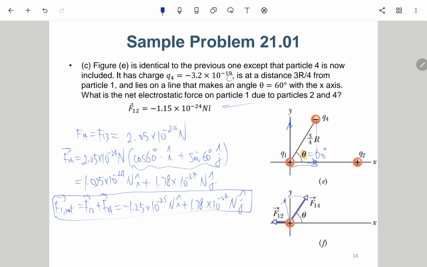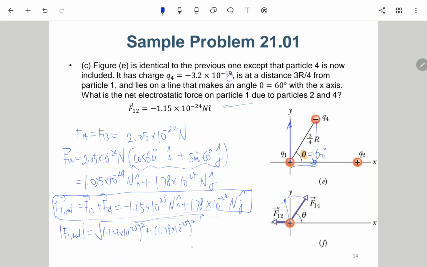Okay, so if you really need to answer what is the magnitude or direction of this force, let's say if you need to find the magnitude, it would be something like taking the square root of negative 1.25 times 10 to the negative 25 squared plus 1.78 times 10 to the negative 24 squared.